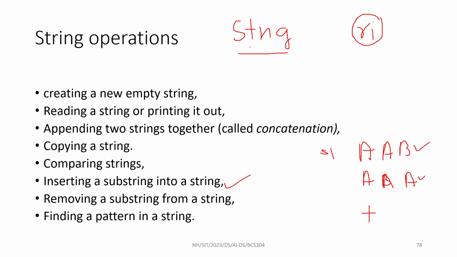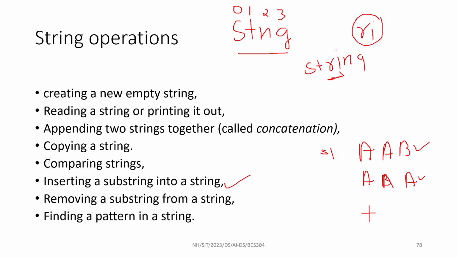I will be taking the positions like 0, 1, 2, 3. I have to insert after T, that is after position 1. That means from the second position onwards this has to come. So S1 will be as it is. After ST, RI will come because it is the insertion operation. Then the remaining part.